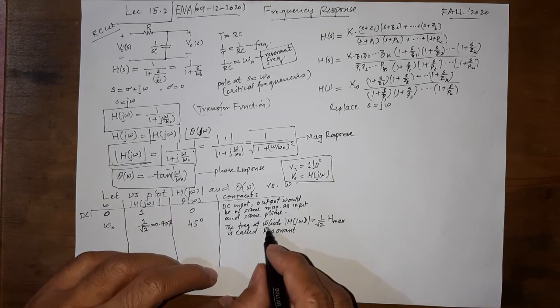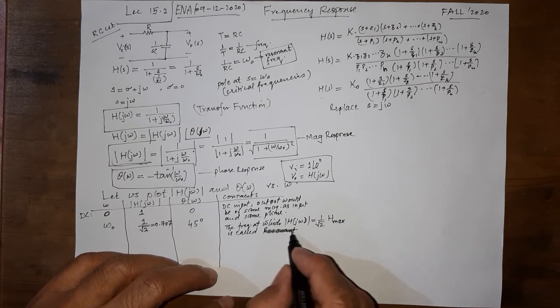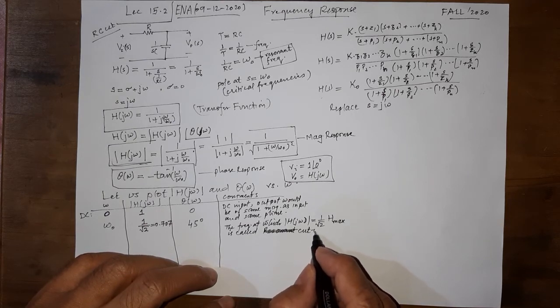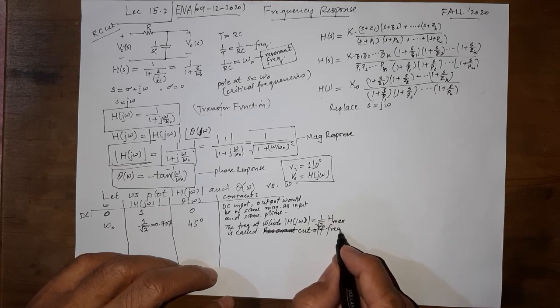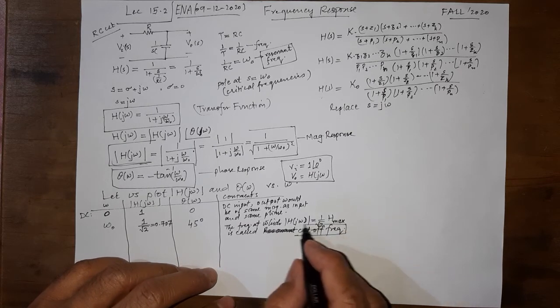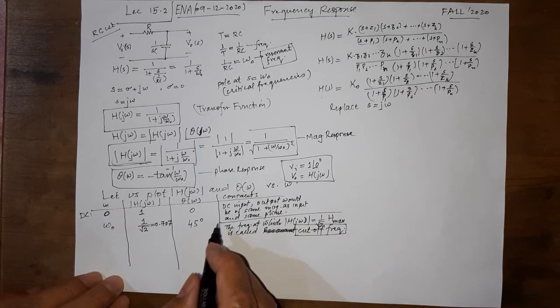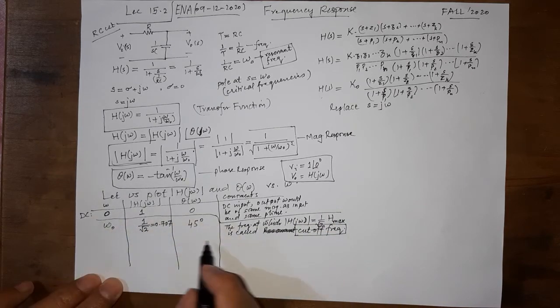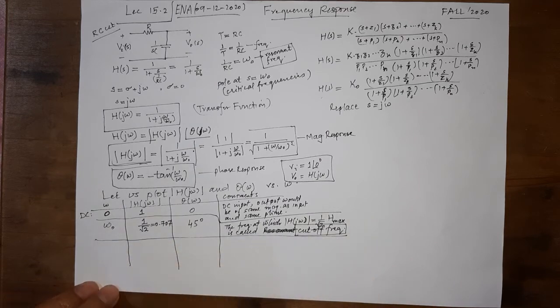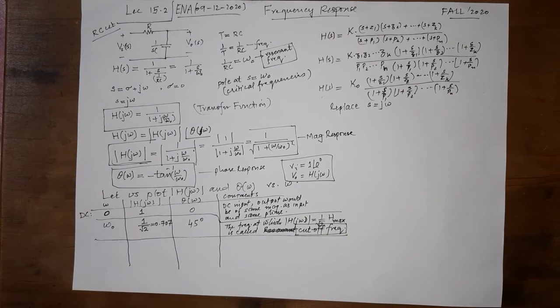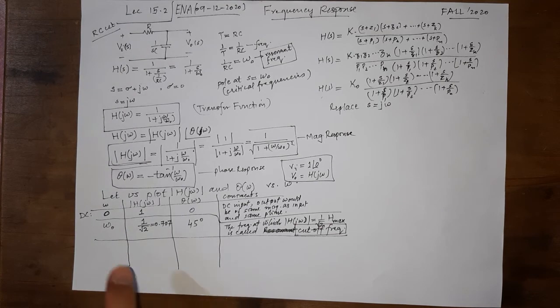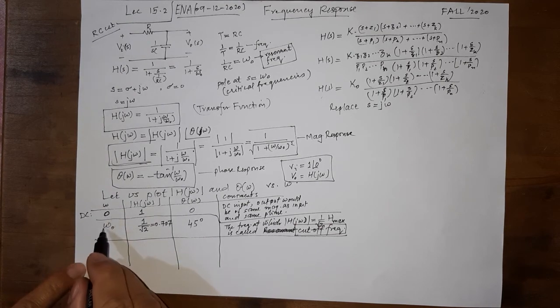Sorry, not resonant frequency, it is called the cut-off frequency. For now, note the name cut-off frequency. I will tell you why it is called the cut-off frequency in a while. This is the definition. When omega is equal to omega naught, in this particular case, not always, this omega naught is the resonant frequency as well as the cutoff frequency.